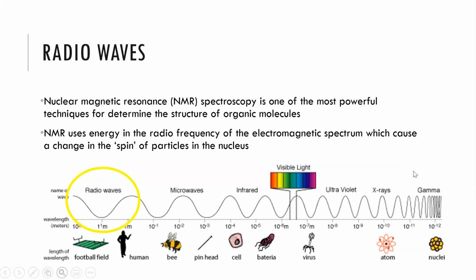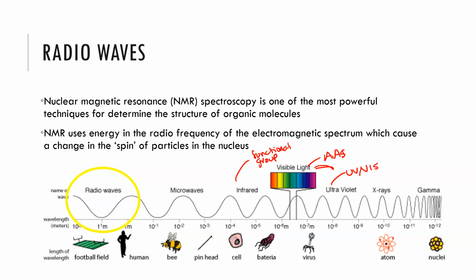So as with all types of spectroscopy, we are looking at the interaction of molecules with radiation from a particular region of the electromagnetic spectrum. You may recall that we had AAS is within the visible spectrum, UV-Vis covers both of these. We talked about infrared, which gives us information on functional groups due to the vibration changes in bonds within molecules.